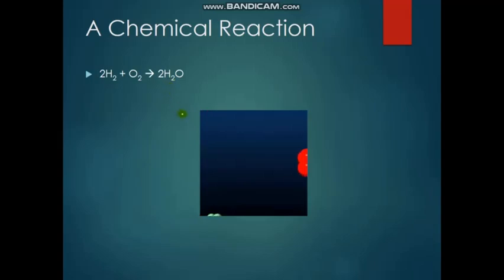As you can see in this animation, we have 2 hydrogen molecules. It is represented in this chemical equation. You have 2 hydrogen molecules and then 1 oxygen molecule. Together, if they collided, they formed water molecules. So as you can see, we have formed 2 water molecules.